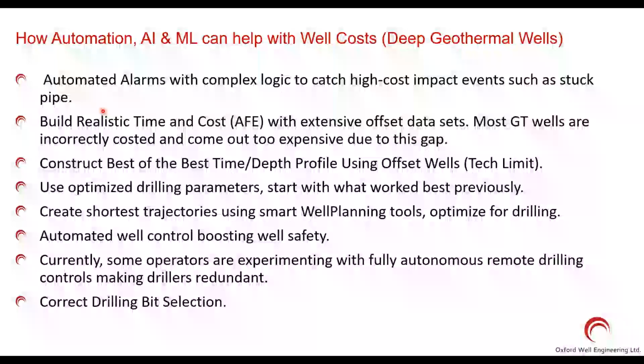AI and machine learning are still growing, even with big operators, big oil and gas people with deep pockets. They have only very small success for big cost events, big solutions. Stuck pipe, for example, it's 50% success, 40% success for achieving this and that.